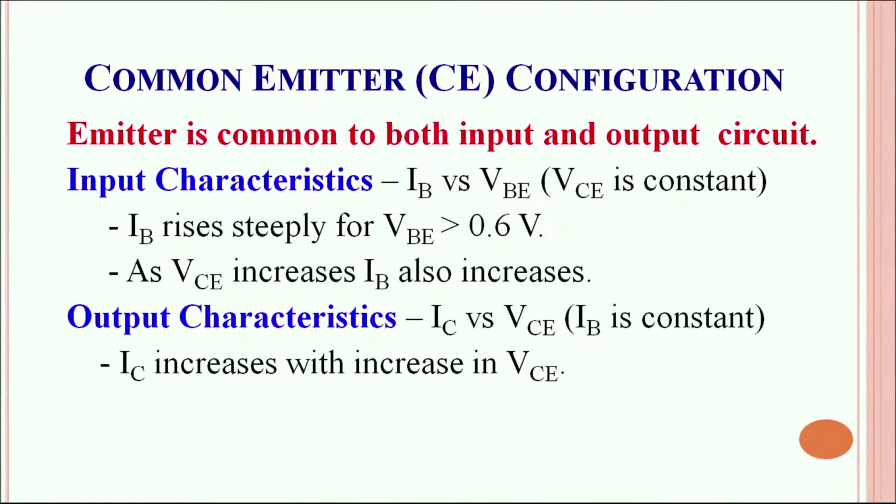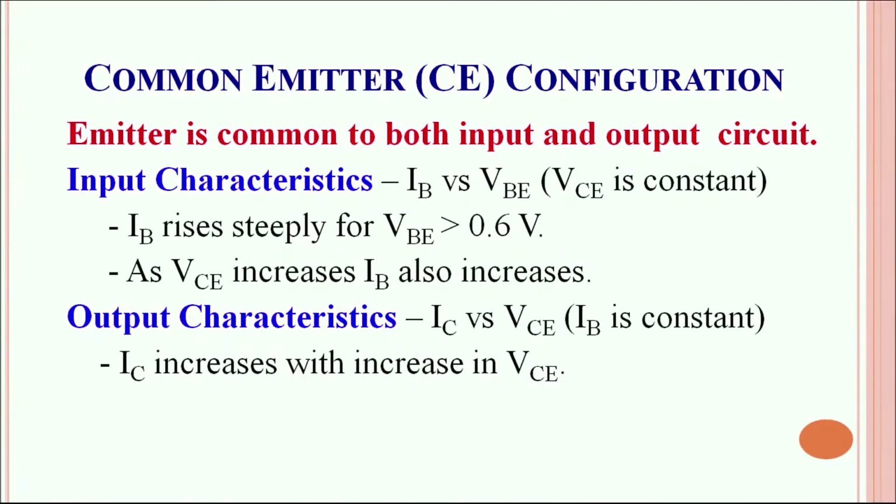As we will see in the figure, we will notice that the base current rises very largely when your base emitter voltage is greater than 0.6 volt. This typically indicates the behavior of a diode similar to a diode which is in forward bias. As the collector emitter voltage is increased, IB is also increased. We will soon see it plotted in the form of a figure.